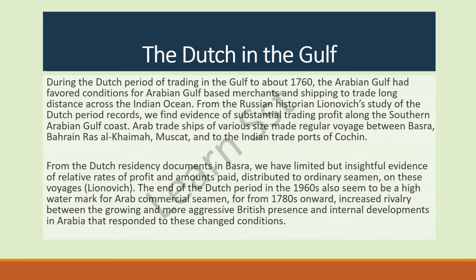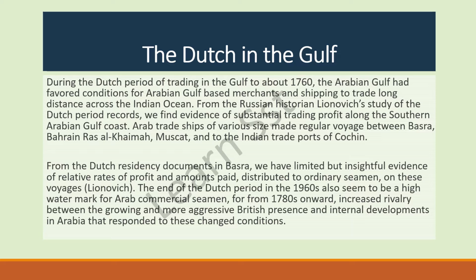Arab trade ships of various sizes made regular voyages between Basra, Bahrain, Ras Al Khaimah, Muscat, and the Indian trade ports of Cochin. Cochin is a region in southern India. So you find a lot of trading and commercial activities taking place, and even the Dutch felt that they should try their hands over here.